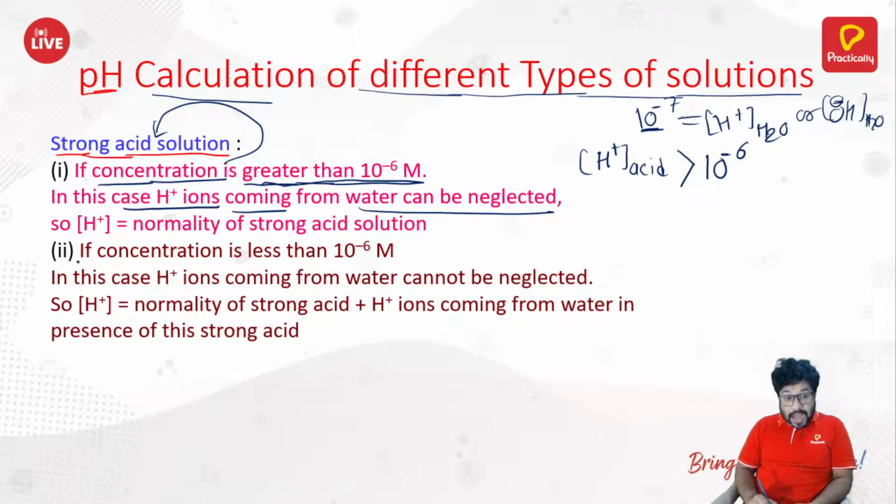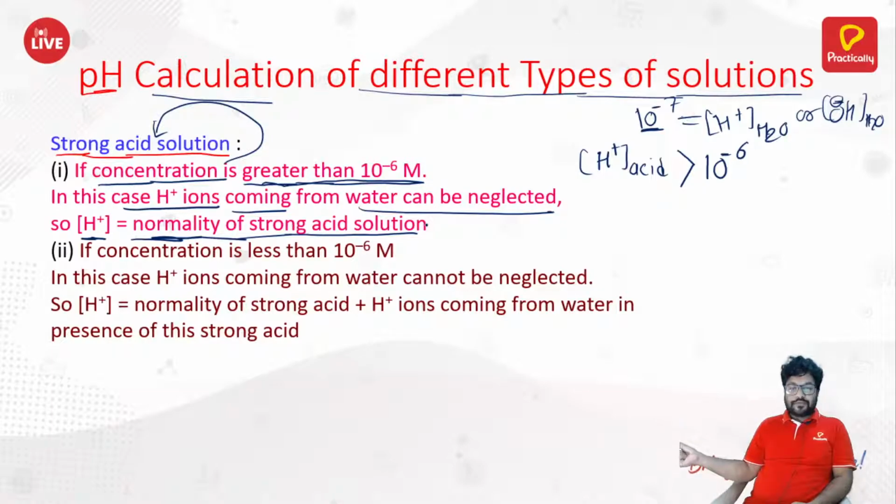In that case, the concentration of H plus ion is nothing but the normality of the strong acid solution. Now remember this always in a calculation. That is why I'm putting a star here.